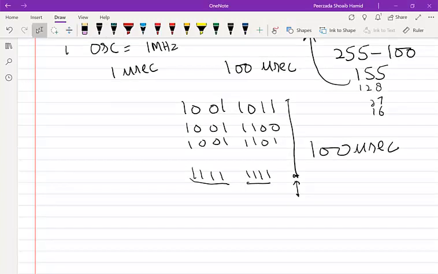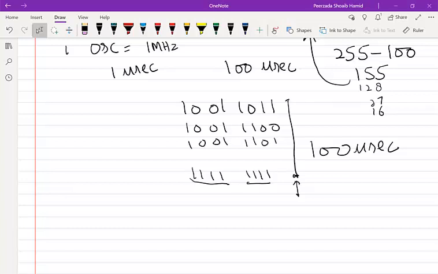So this is another way. There are two ways: either we clear the contents of this counter register and keep track of when it has reached a desired value, or we calculate and store a specific value inside this counter register, and it keeps on incrementing until it overflows.